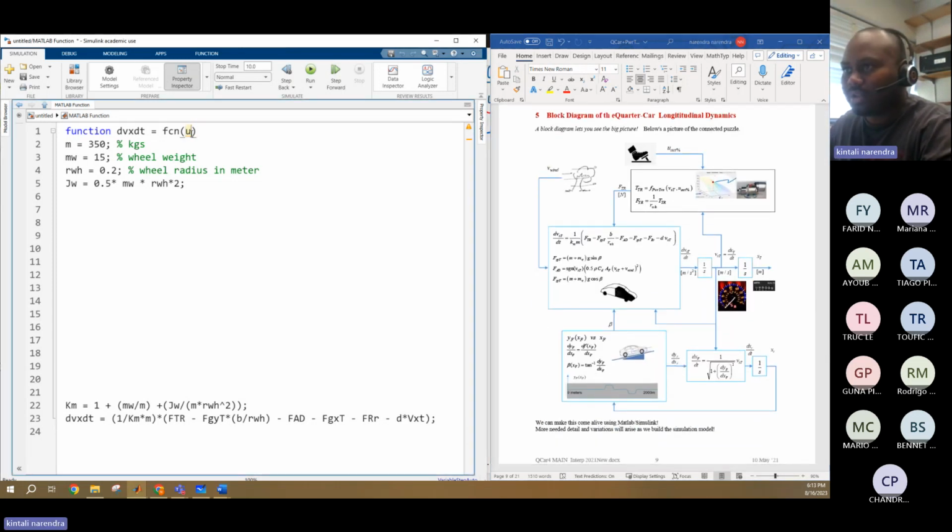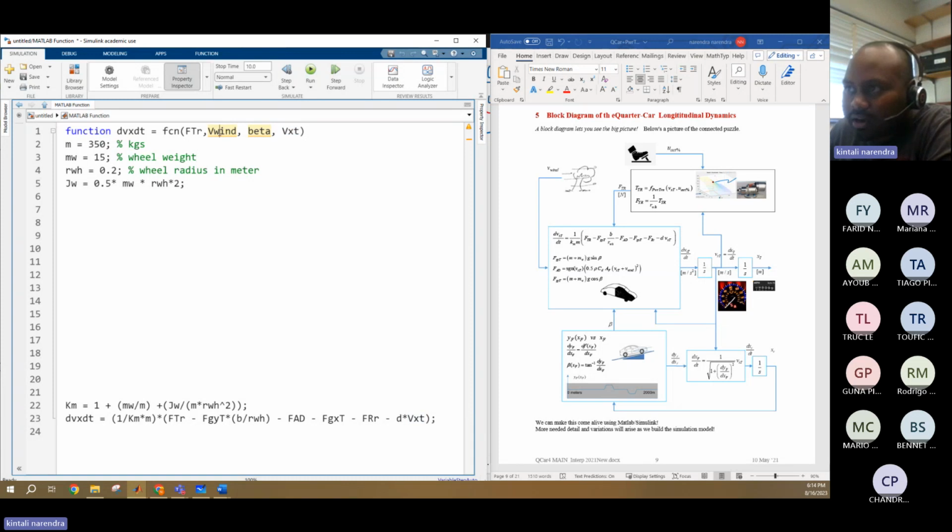Ftr, capital T, small r. Whatever notation you used here, you need to use the same one. Then vwind is another input. Another input is beta. Another one is vxt. 1, 2, 3, 4. I defined all the 4 inputs.